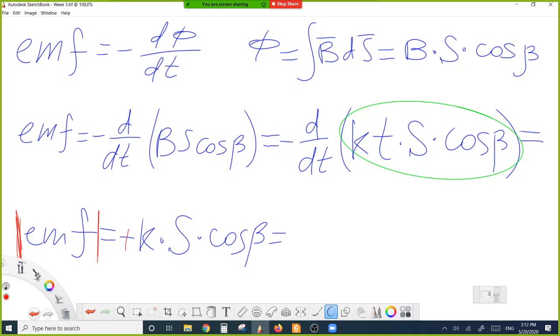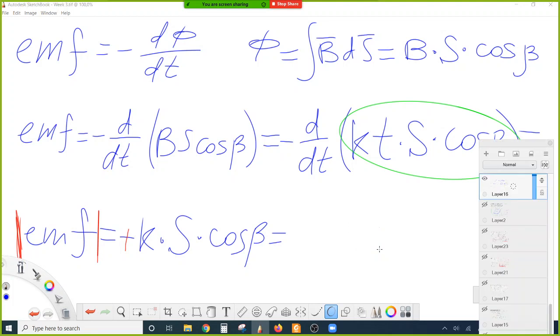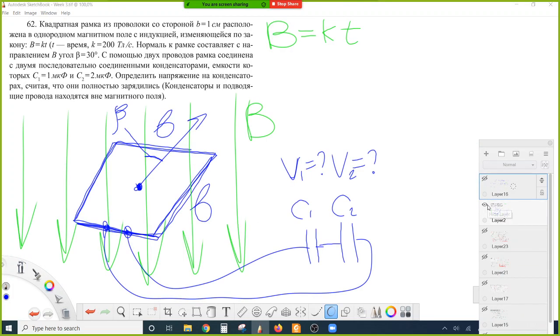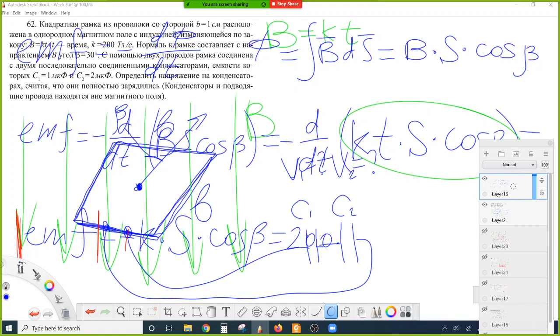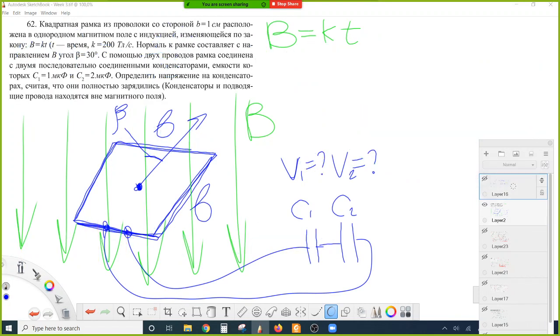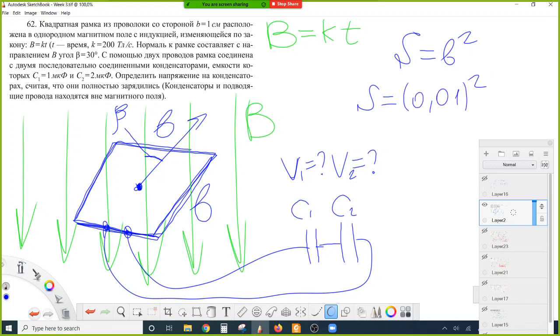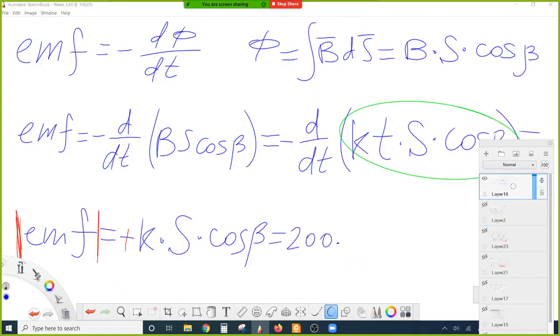Or we can write the absolute value of the electromotive force, and we have k equal to 200. The constant k is equal to 200. S is equal to b squared, which is 0.01 squared, so S is equal to 10 to minus 4.